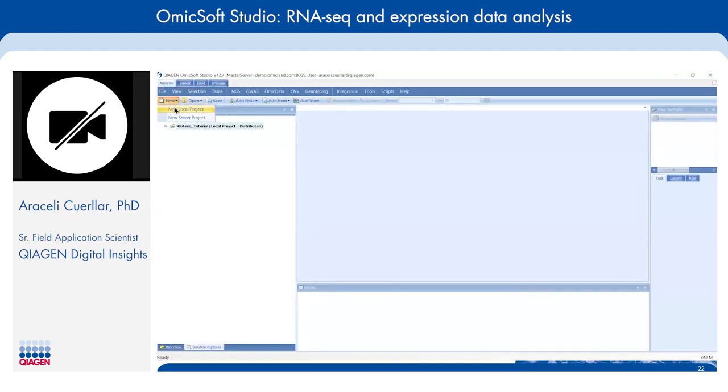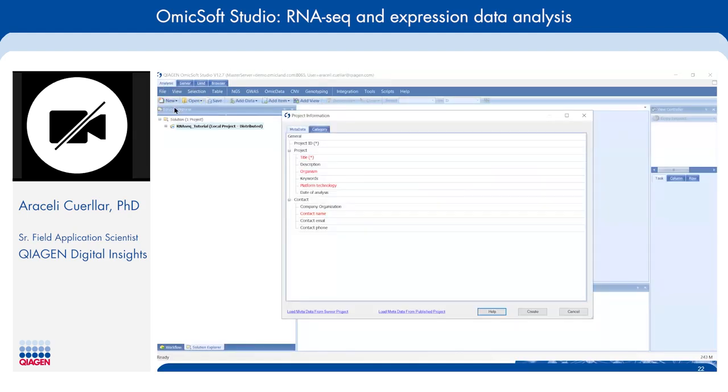To create a server project, you can just simply click on new and then server project, and then you'll see a window that will open up, allowing you to enter the required information set by your institution to create that project.